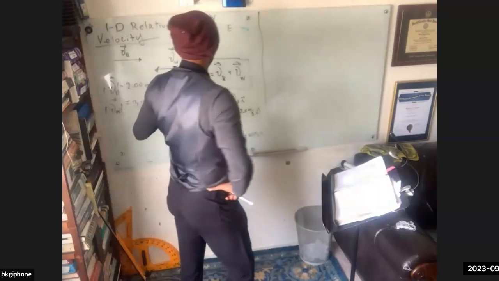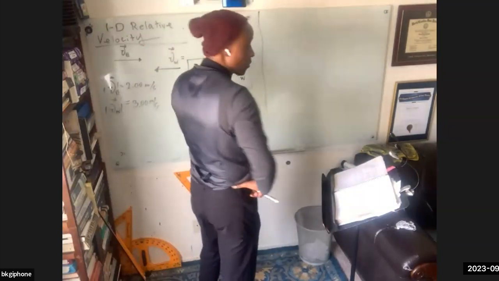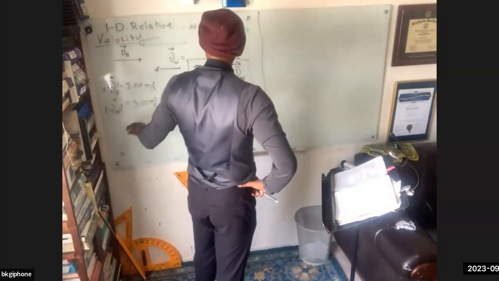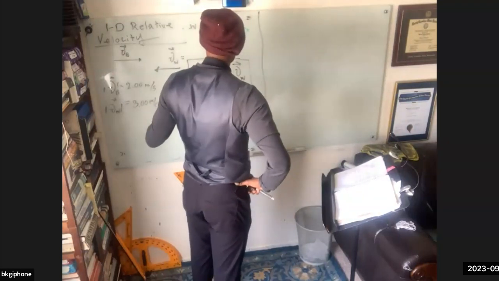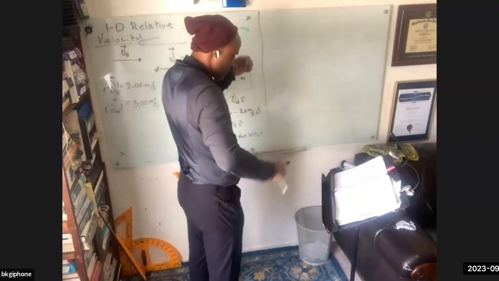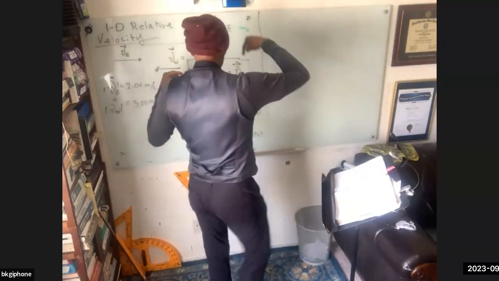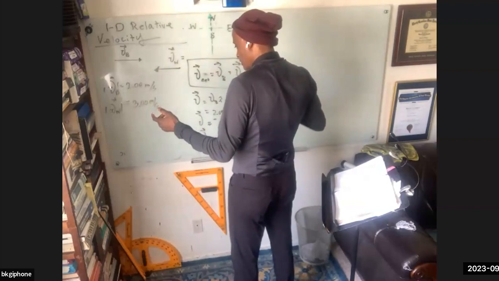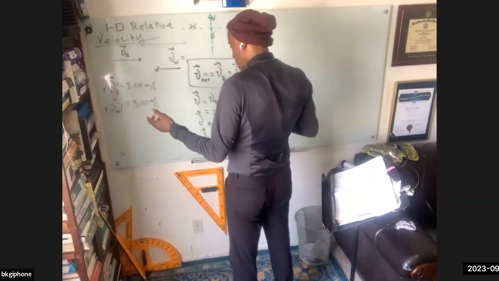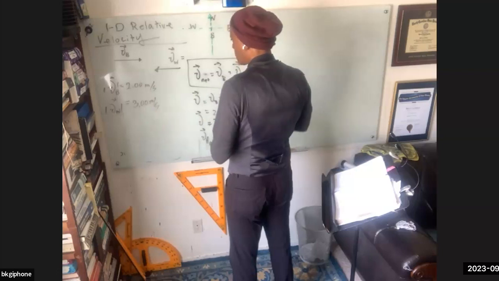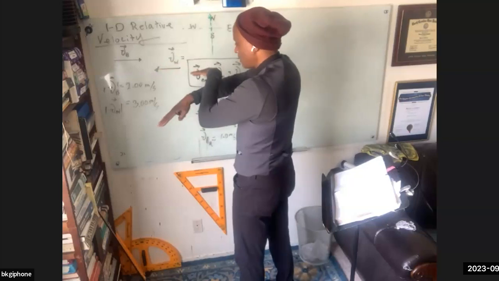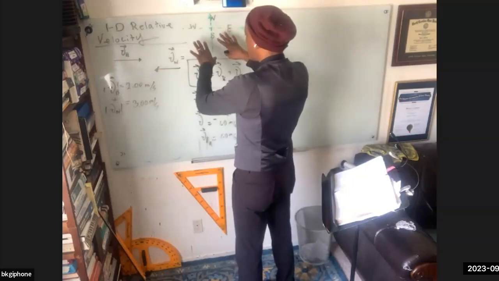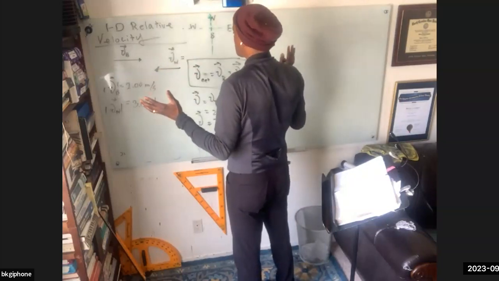So let's give the bird a crosswind, and let's make it go at an angle, south of west, southwest. Let's make it 45 degrees just to make it simple.